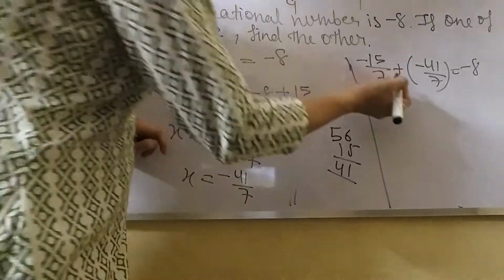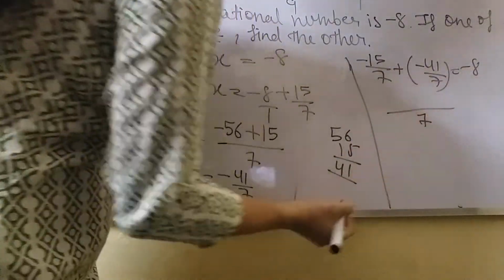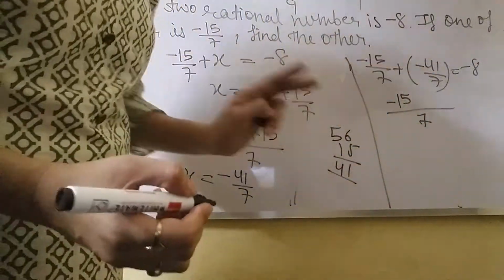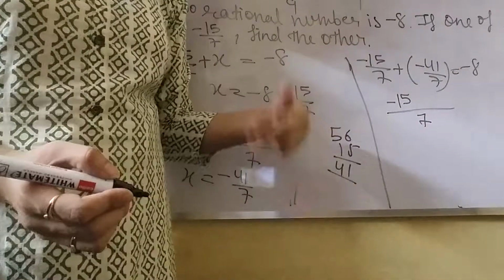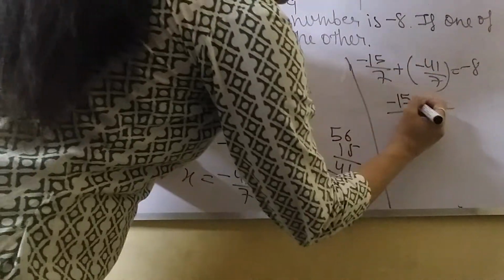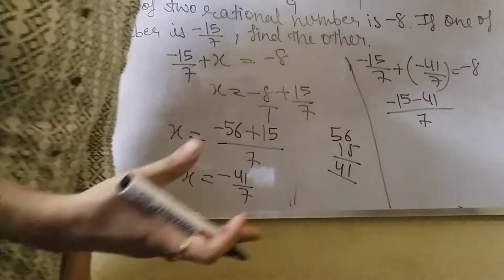Now if we solve this, the LCM of 7 and 7 will be 7, and the numerators will remain the same because the denominators are equal. Now this plus and minus will be minus, and now these two negative integers, we will add them.